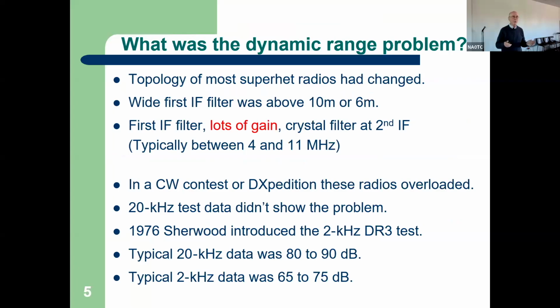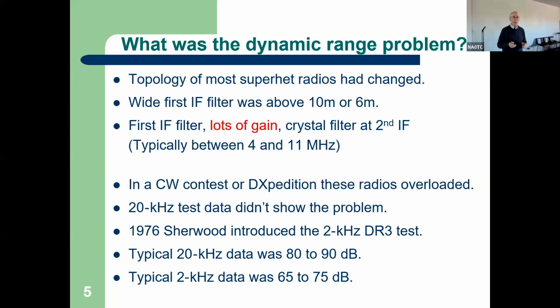So we had that wide filter, but you get a whole lot of signals, particularly CW already, in 15 kilohertz. Lots of gain, and that was the deal. We might have 30, 40 dB of gain, and then finally a crystal filter or mechanical filter and some other IF. So the trouble was, particularly for CW contests, DXpeditions, DXing, the radio could overload, and you'd never know that from the 20 kilohertz test.